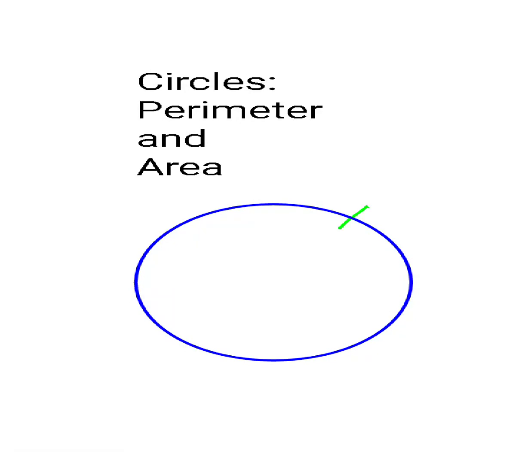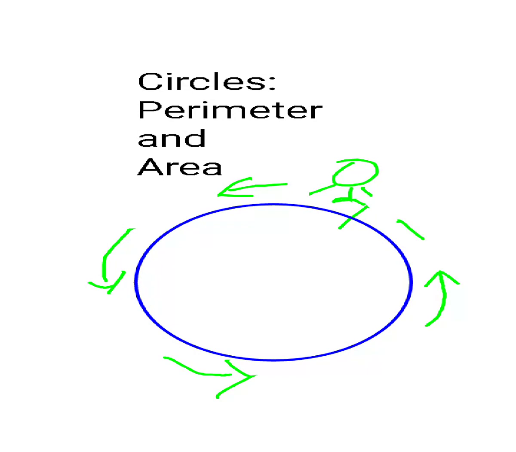And suppose you're taking this point and a person is standing over here, and he walks along this path like this, and covers one full distance, finally again reaching this point.